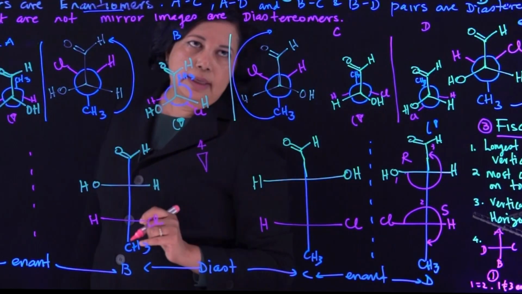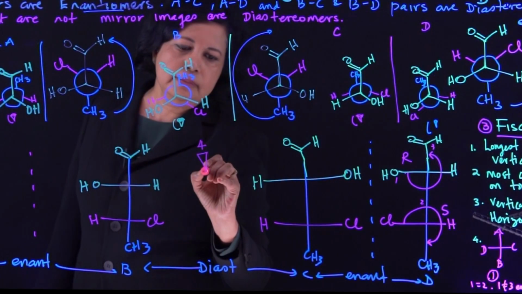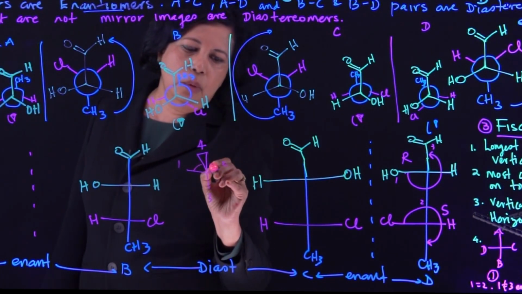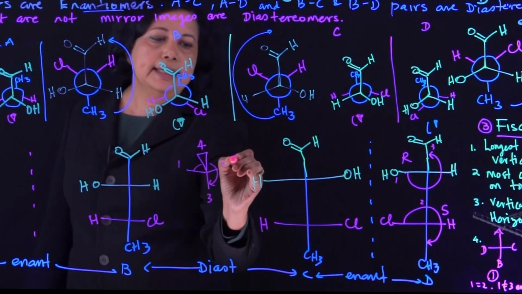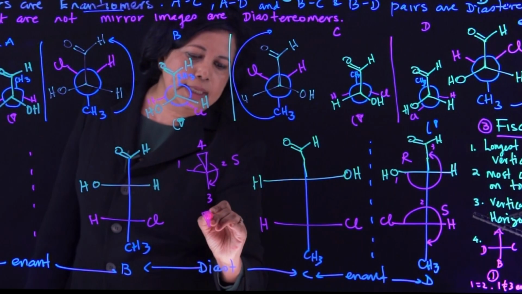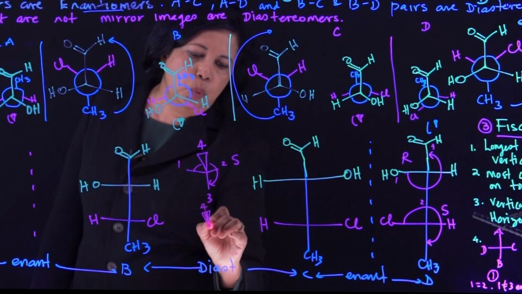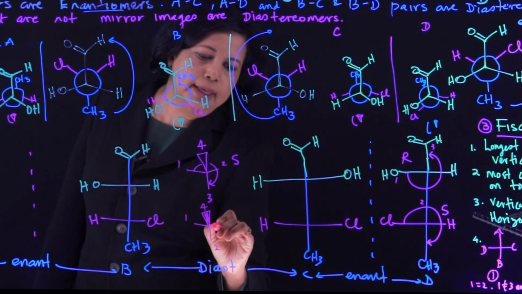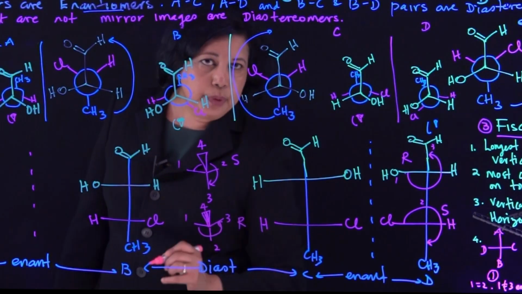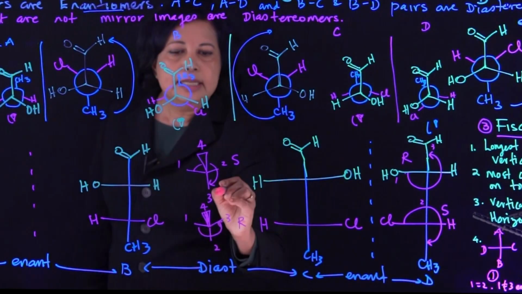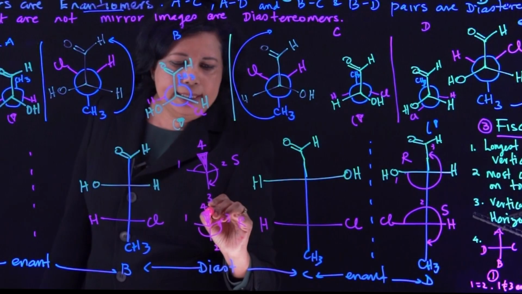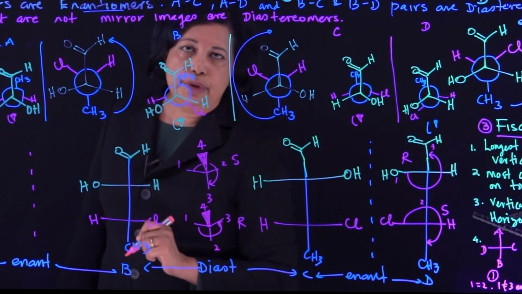All right, therefore what it means is, and I will write this here, if your group number 4 is on a wedge, then 1, 2, and 3 going clockwise would be an S. If your group number 4 is on a wedge and 1, 2, and 3 is going counterclockwise, that would be an R. Okay, so if you keep this in mind, it would make it a lot easier when you're doing a Fischer.